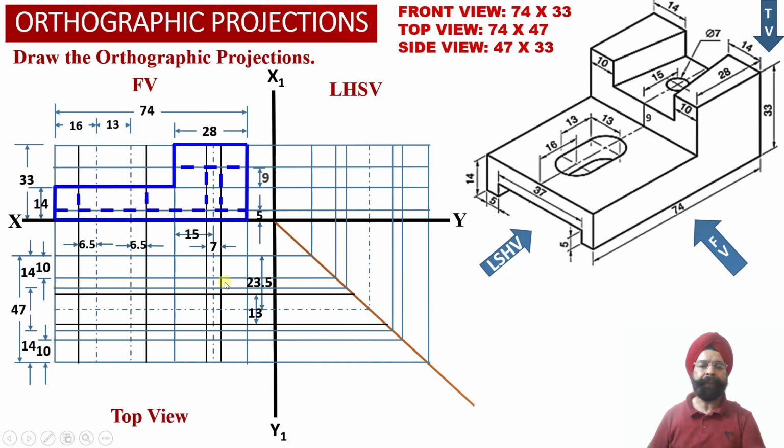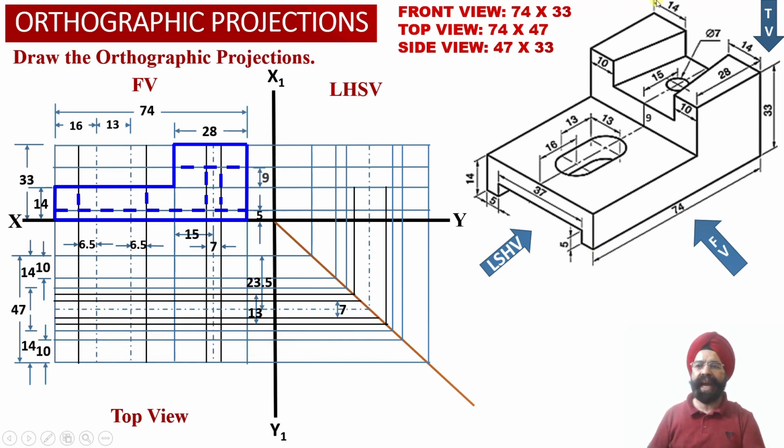And these 2 horizontal black projector lines have been appropriately transferred into the left hand side view projections over here. So we have terminated these 2 black projector lines at this height of 14 millimeter because they exist in element number 1, and the height of element number 1 happens to be equal to 14 millimeter.